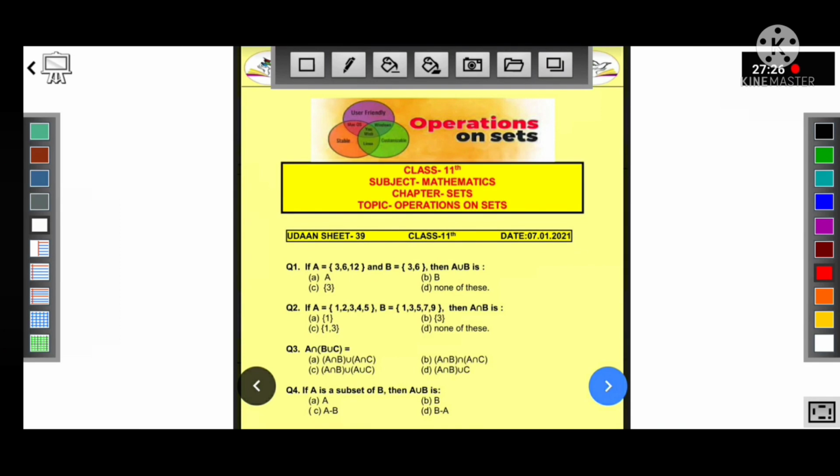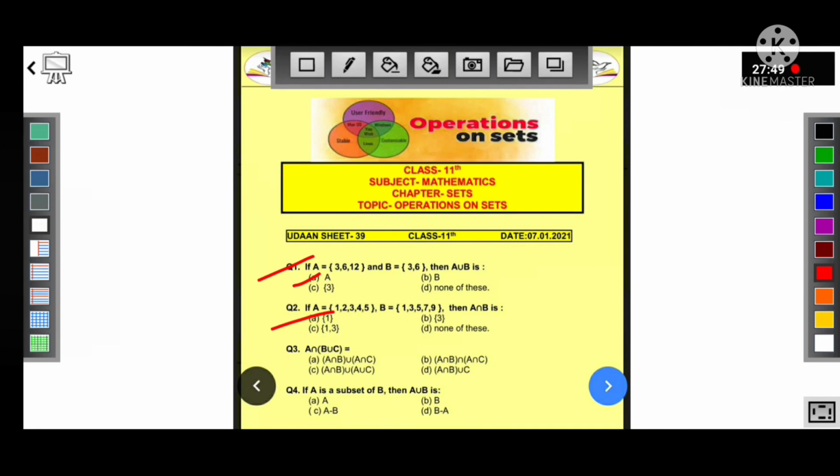Next questions. These questions are based on operations on sets. So first question is, if A is equal to {3, 6, 12} and B is equal to {3, 6}, then A union B. Now combine the elements of A and B, that is 3, 6 and 12, which is equal to A, so A is the right option.